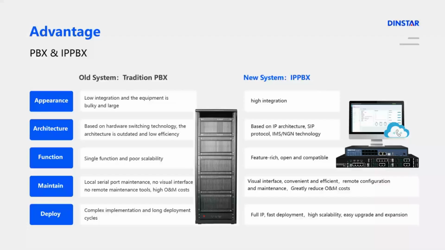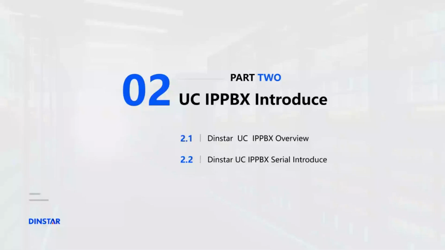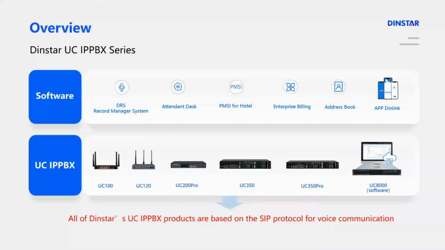Next, let's dive into the DINSTAR UC IPBX product lineup. It's a full lineup of unified communication solutions, paired with powerful software tools, built on the SIP protocol and the softphone ecosystem that comes with every UC, like the DRS, the attendant desk, the PMSI for the hotel, and the enterprise billing and address book.